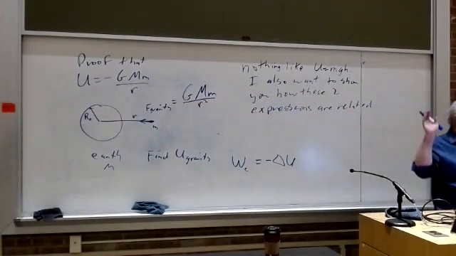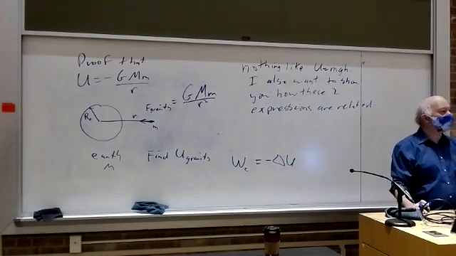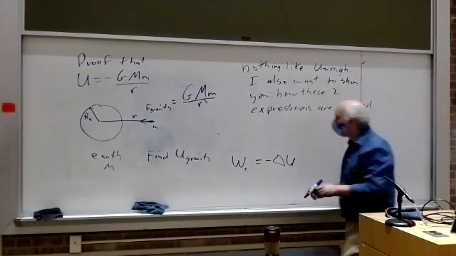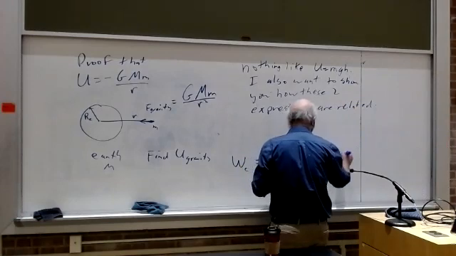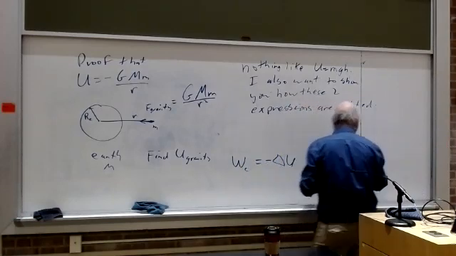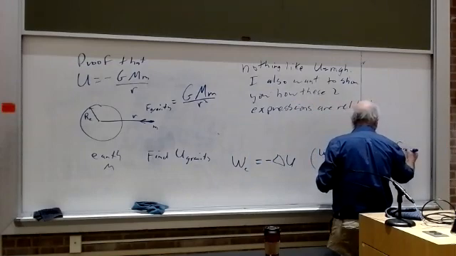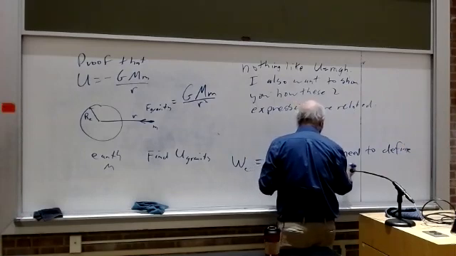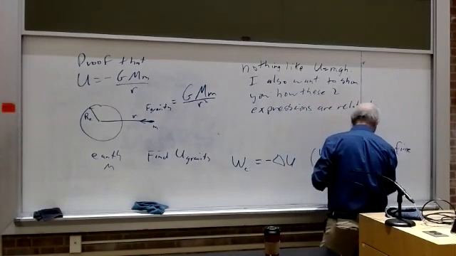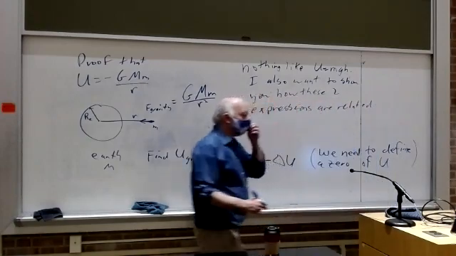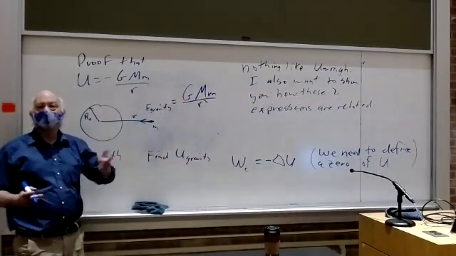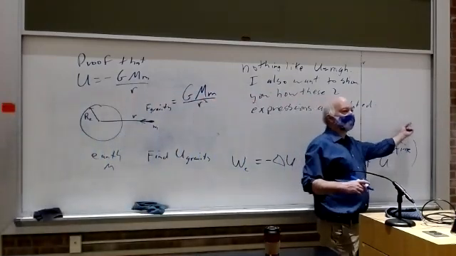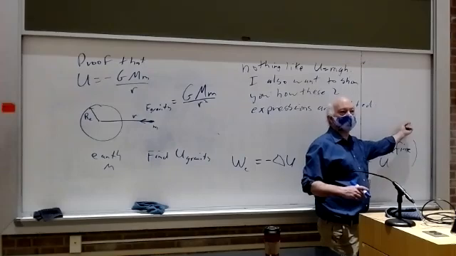We're just going to say the masses are M and big M. We need to define a zero of potential energy. And where we're going to take that, we're going to say it's at infinity. So we're going to say that if this particle is really at infinity, I can take the potential energy at infinity to be zero.